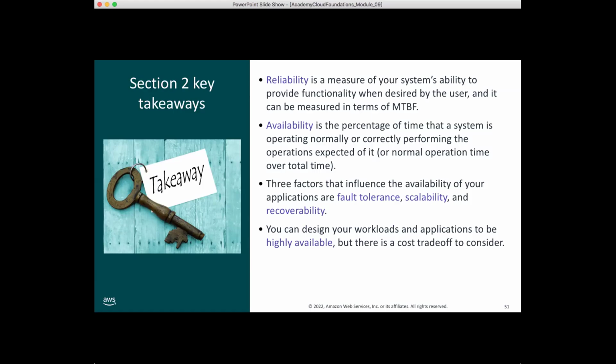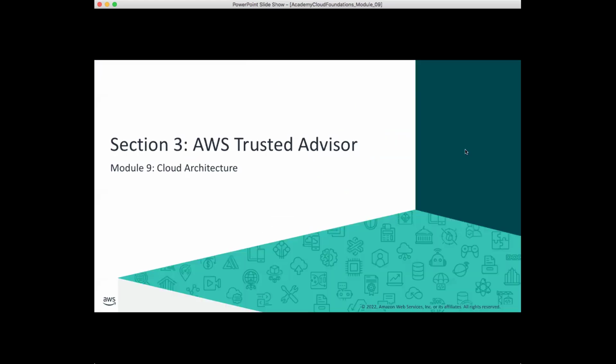When we consider how to make our environment more available, it is important also to find the balance between the cost of improvement and the benefit to the user. That's why we mentioned a few times the acceptable limit, right? Increasing high availability will increase cost as well, so we have to find a balance between increasing cost and high availability, right?